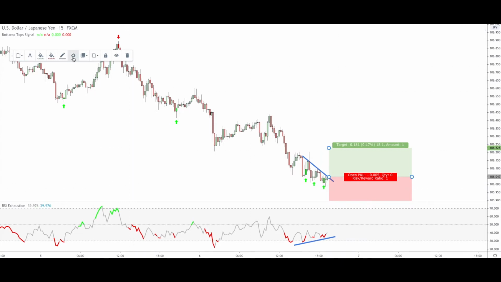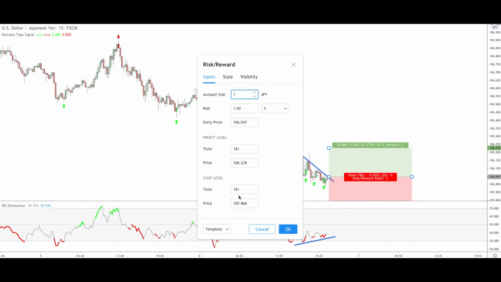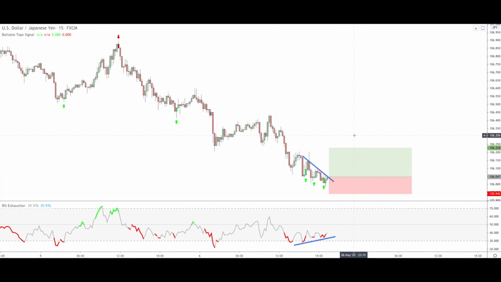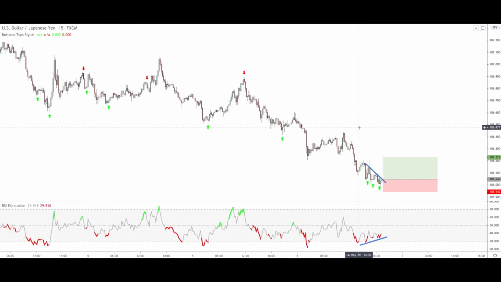Let's see the stop loss. The stop loss should be something like, let's see. Well, I will go a bit lower here, probably 0.1%. The target, well, the target should be, let's see.